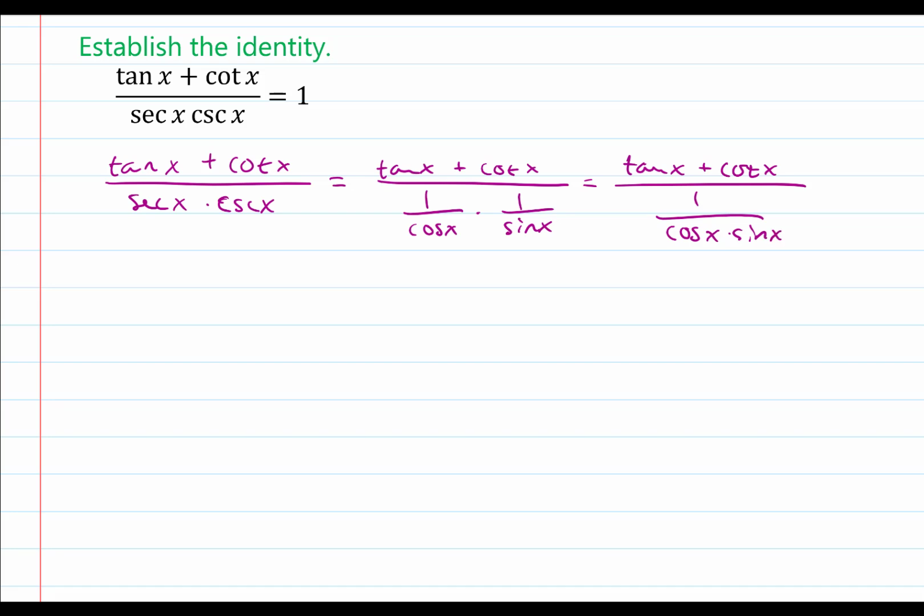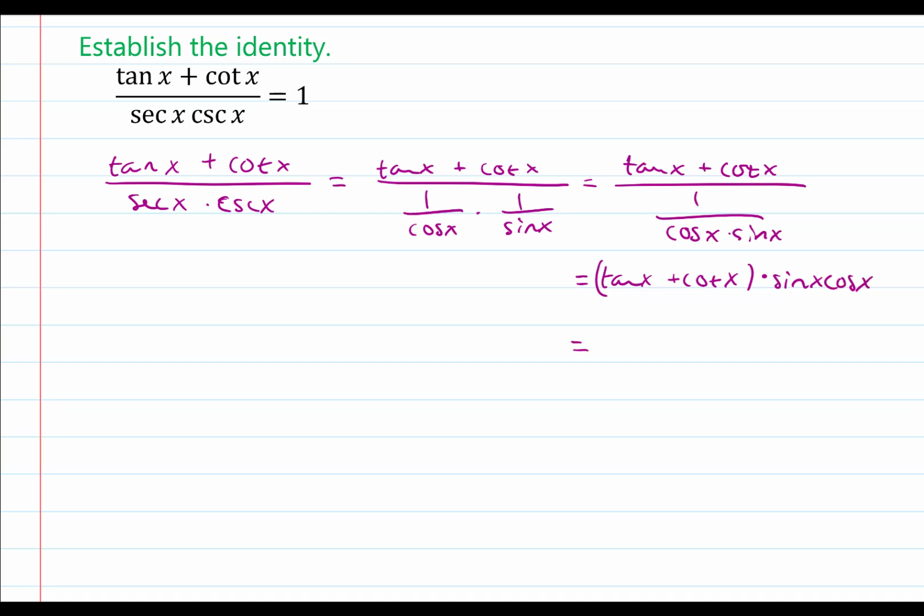Now because I'm dividing by a fraction, I can then change that into multiplying the numerator by the reciprocal of the denominator. This means I have tangent of angle x plus cotangent of angle x, and I need to put that in parentheses, times sine of angle x and cosine of angle x.